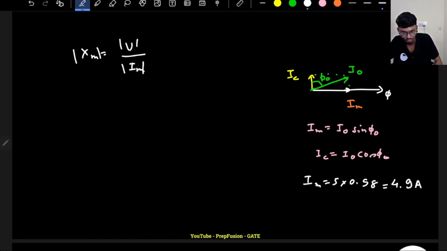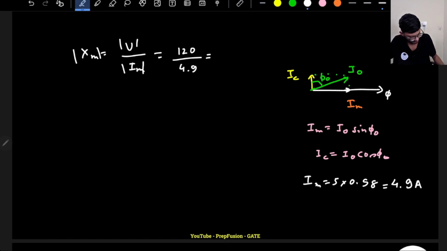This will be my Im. I know the magnetizing current, and I know the voltage is 120 only, so this will be 120 divided by 4.9 amperes.